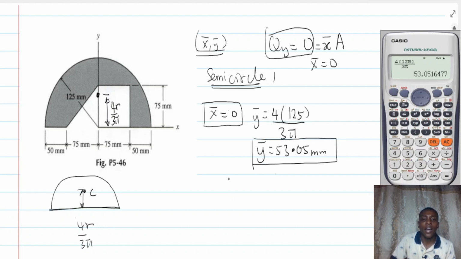Okay, now for the triangle, again the x bar.